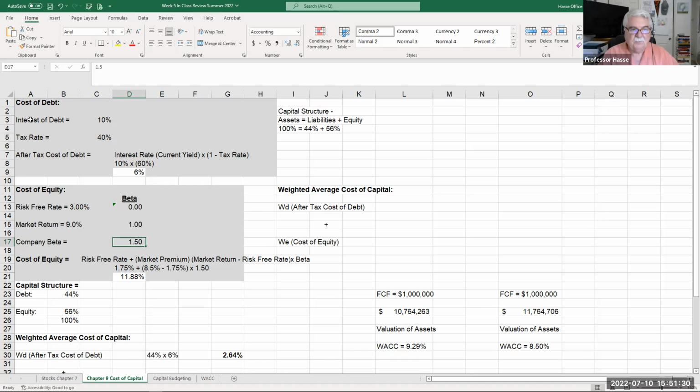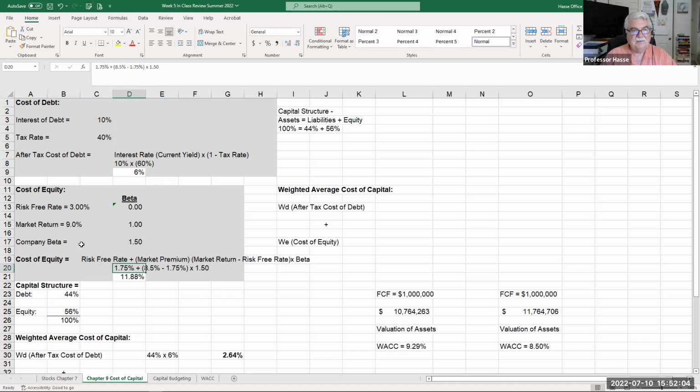So if I wanted to determine the expected return of an investor, I have to gauge the relationship of making 3% at no risk to 9% at average risk, and what would be the percent at my company's risk of 1.5. Well, the required return, or the capital asset pricing model, is the risk-free rate plus the market premium times the beta of the company. The market premium is defined as the market return minus the risk-free rate.